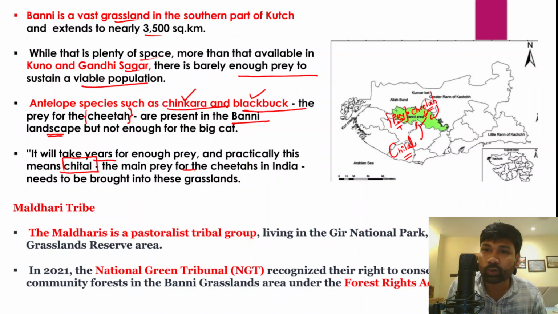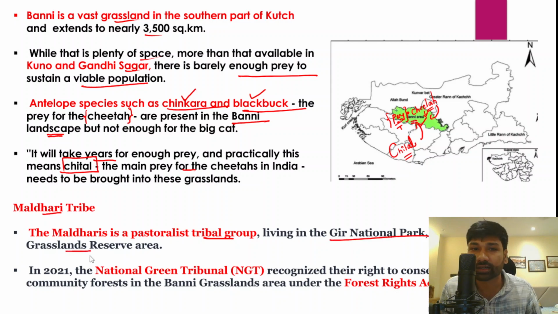Now, when we talk about the Banni grassland area, we need to talk about the Maldhari tribe, which lives in the Banni grassland. Maldhari is a pastoralist tribal group, and this group lives in the Banni grassland reserve area.